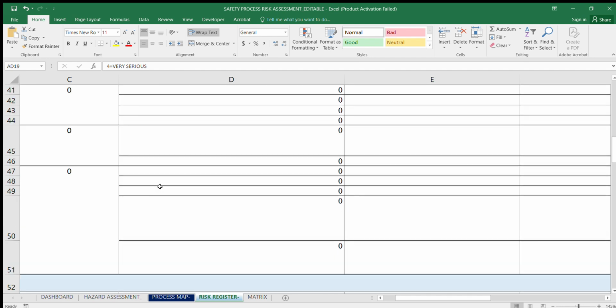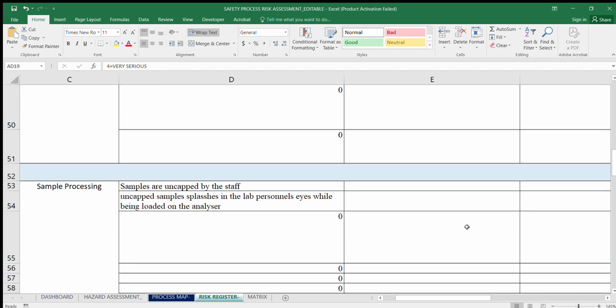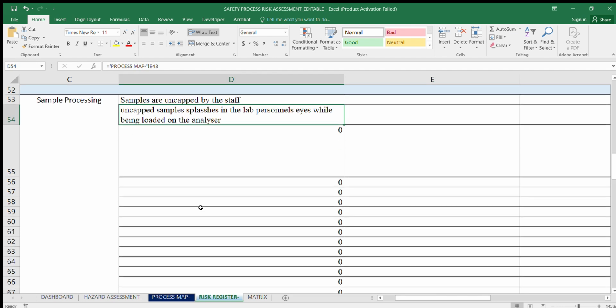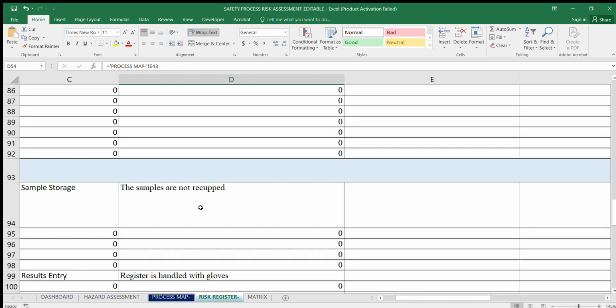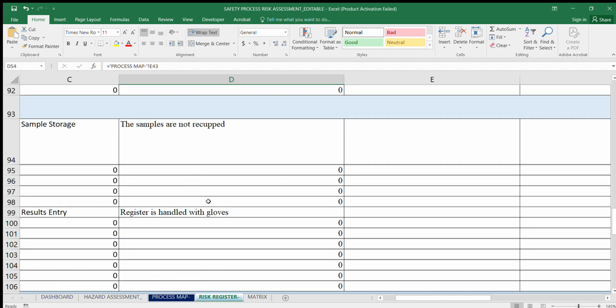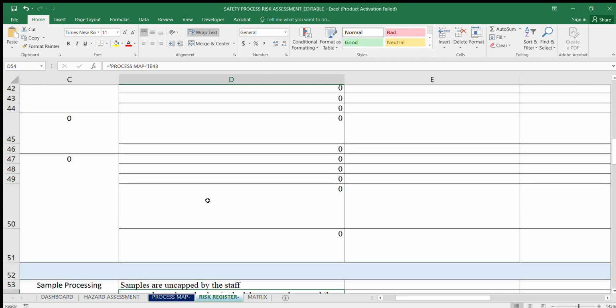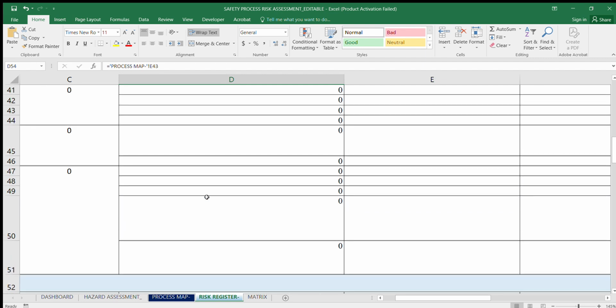So you do the same to your examination part of the phase. You need to look at all the identified risks in the examination as well as your post-examination. So basically, that's how you fill in the register.